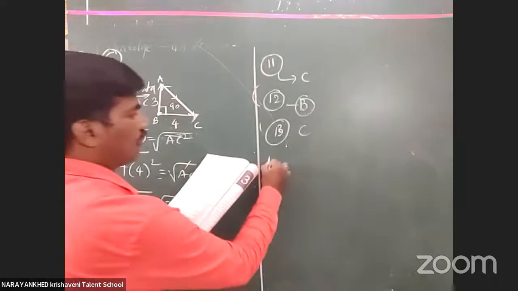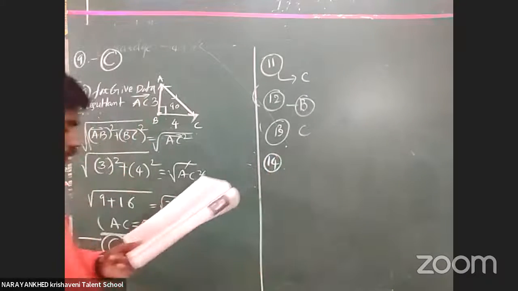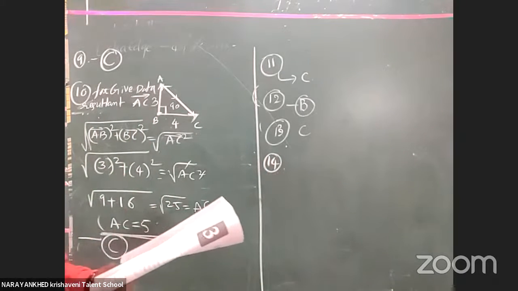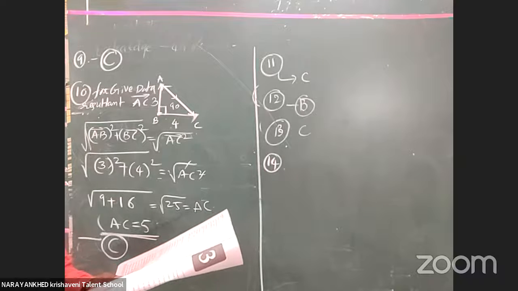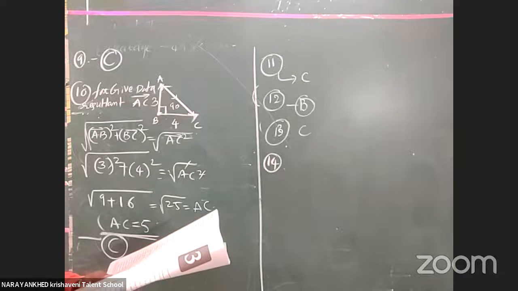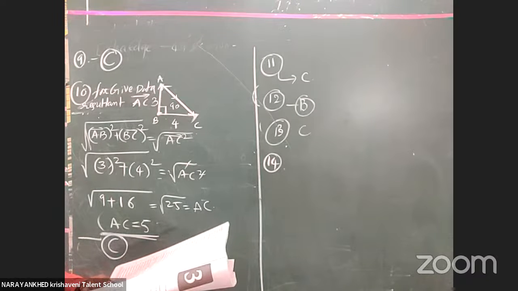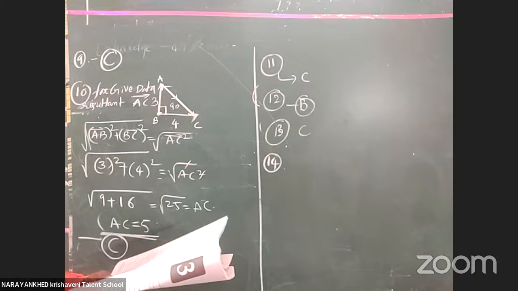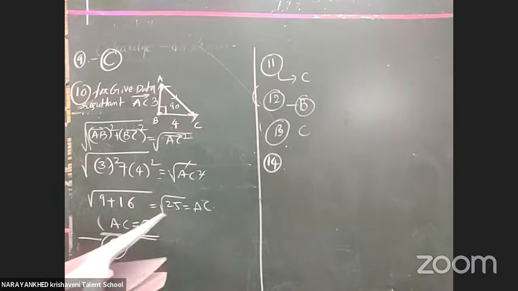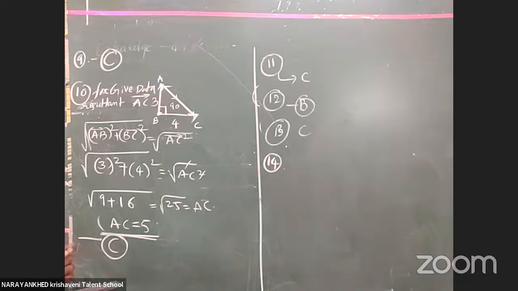Next, 14th question. Two forces of magnitude 3 newtons and 6 newtons are acting on a body. What is the maximum possible magnitude of the resultant of these forces? That means the resultant of these forces.